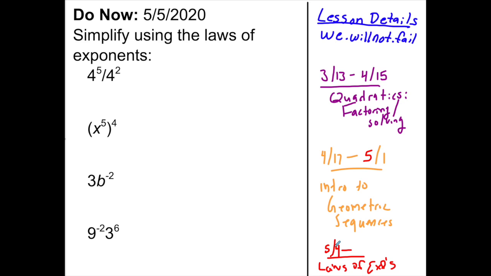In the end, you should only have one expression. If there are any negative exponents, you need to use the correct law for them. Be completely simplified. Please pause the video, simplify these four expressions, and then unpause to see what I got.